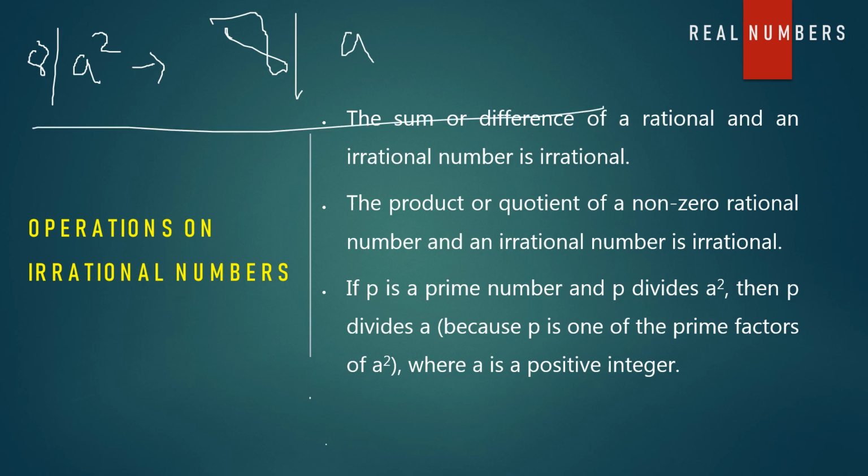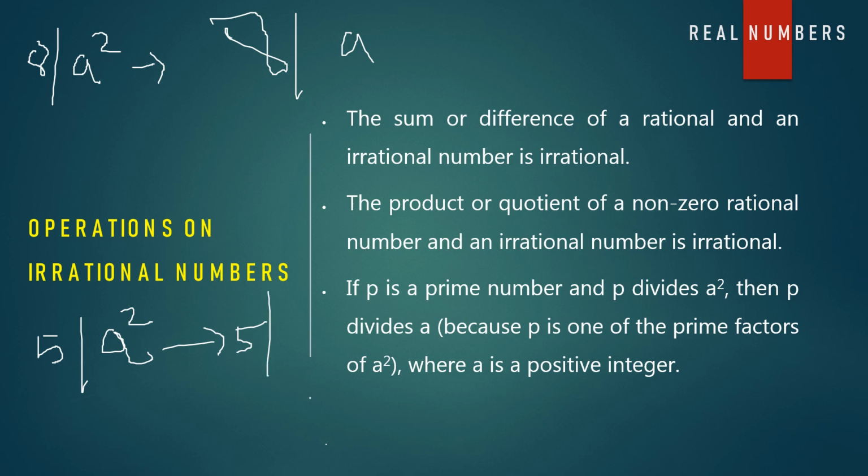Whereas the same thing, if I have 5 divides A square. Whenever I get 5 divides A square, immediately I can write 5 divides A. The reason is 5 is prime. Therefore, this formula is correct.